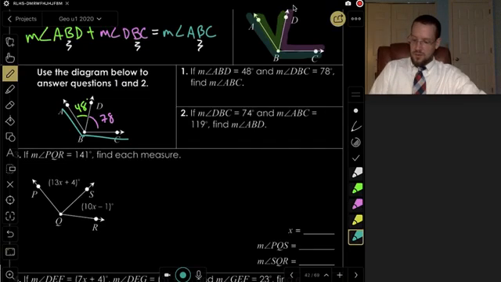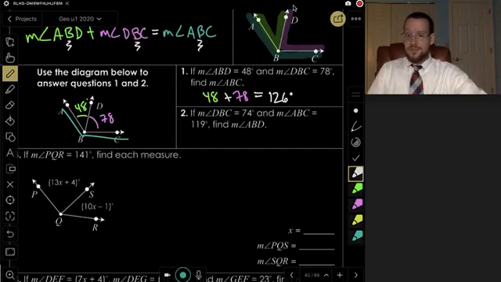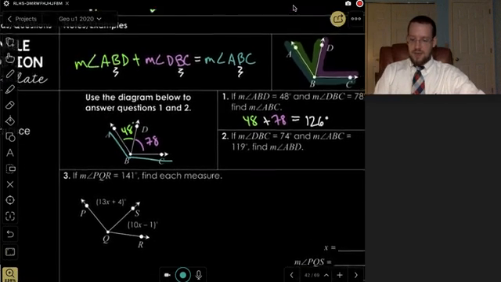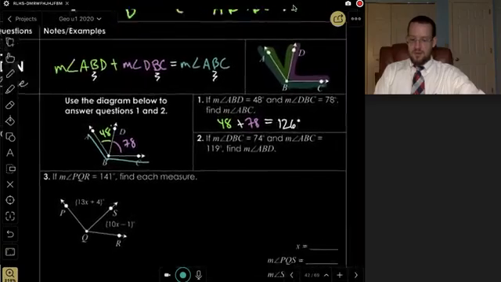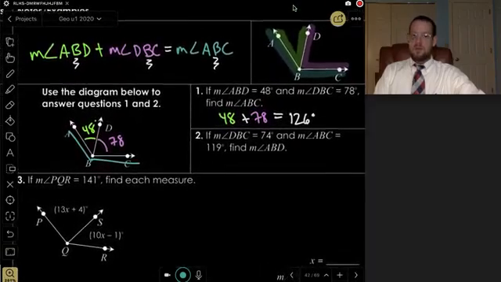So we're going to take 48 plus 78, which is equal to the whole thing. 48 plus 78 is 126 degrees. Ta-da! So we're just taking the parts and adding them together. That is the angle addition postulate, and this is what we're working with here.